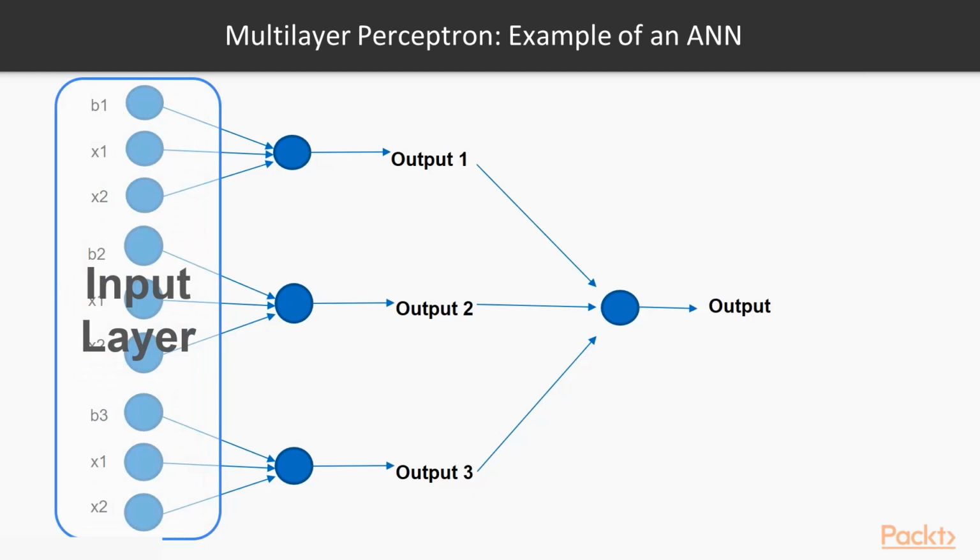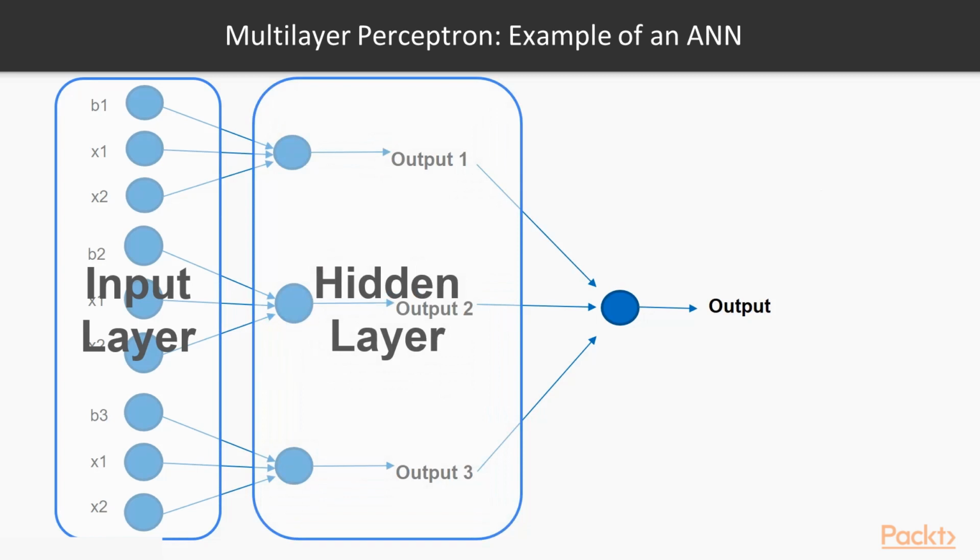Now let's go with some terminology. What you see here is known as the input layer. This is where you have the original data, the training data that you will use to train this model. So this is known as the input layer. The middle layer that you have, these perceptrons that we have here, are known as the hidden layer.